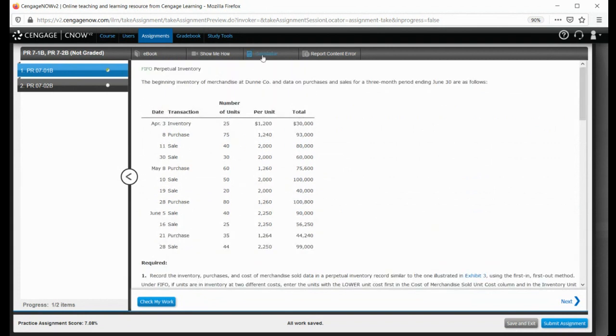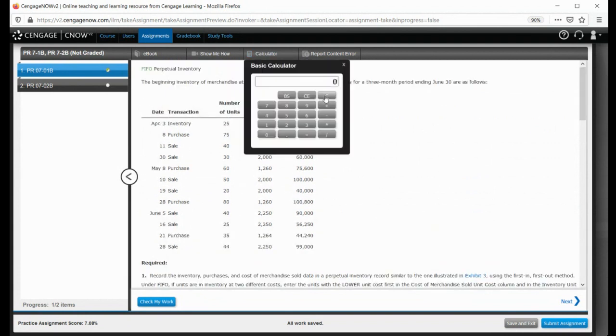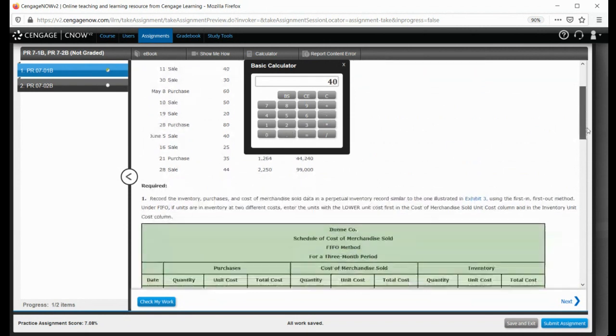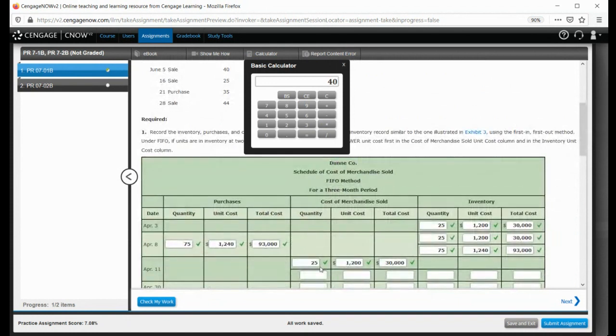So in your calculator, if you are selling 40 units and you have just accounted for 25 of those units, you sold that entire layer, I'm going to deduct 25 units from my 40 units, and what it'll leave me with is 15 units.